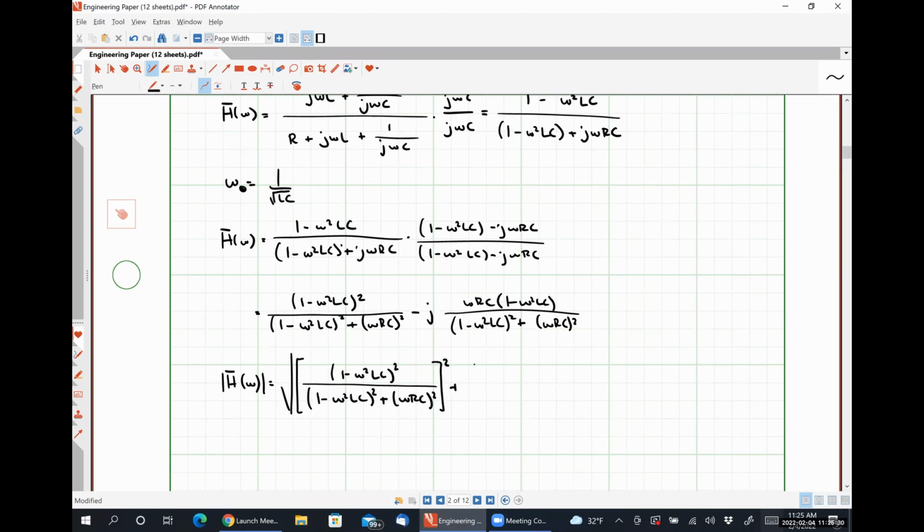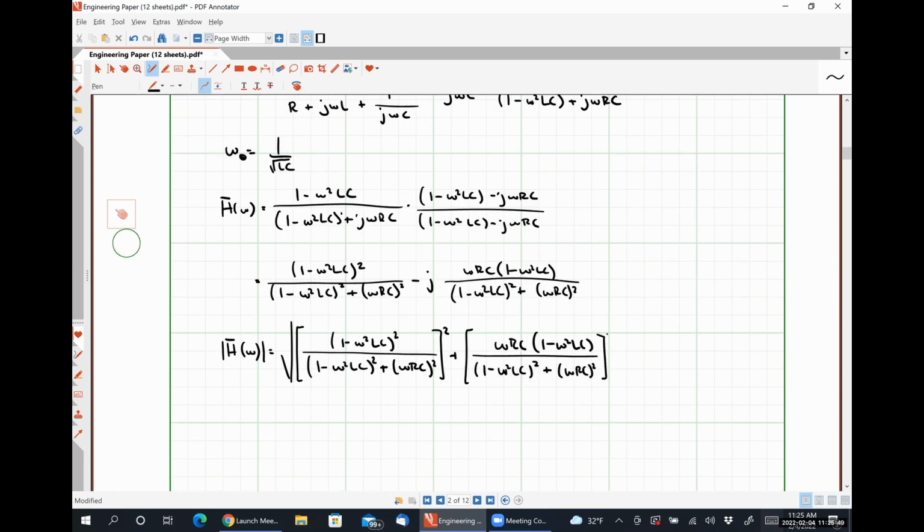This whole thing squared plus this whole thing, omega RC times 1 minus omega squared LC, square this guy, square root goes over the whole thing.